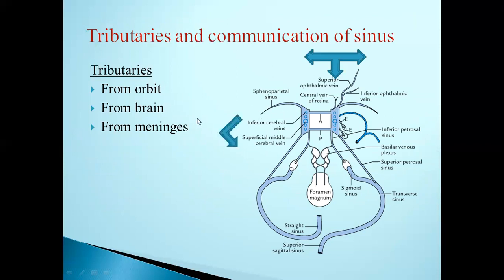From brain, it receives inferior cerebral vein and superficial middle cerebral vein. So they come from brain area. And from meninges, we have sphenoparietal sinuses and some emissary veins. So all this will come and they will enter inside the cavernous sinus. So it gets many draining channels from orbit, brain, and meninges.